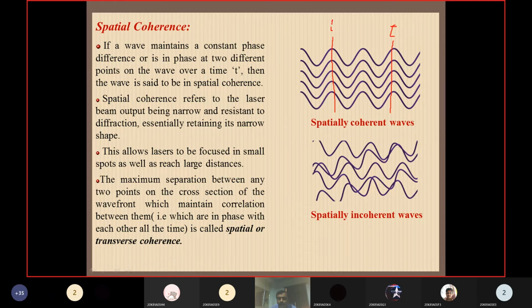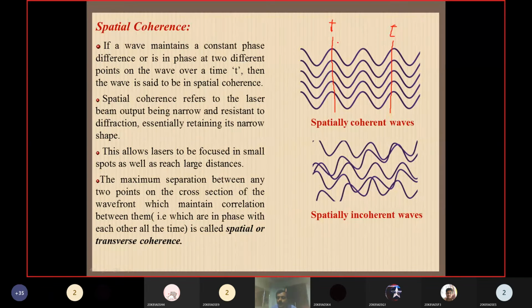Suppose now the time is 10:40. At 10:40, here the wave phase is like this. If you take another point, the phase is like this. So all the waves are maintaining a constant phase difference.